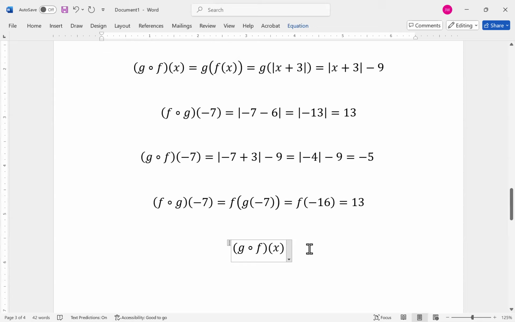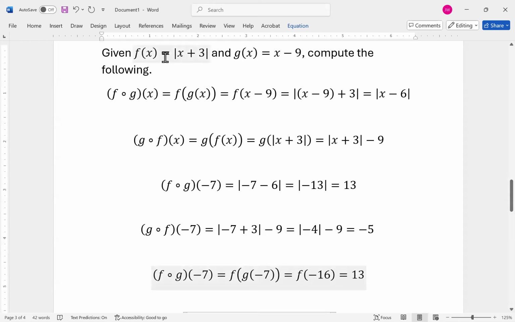And then we can do that in reverse as well. If I wanted to plug in -7 into the composition, I could do composition of g of f of -7, which means plug in -7 into the f. When I plug -7 into there, I get -7 plus 3 inside of the absolute value. So I get -4 inside the absolute value, which gives me a positive 4.